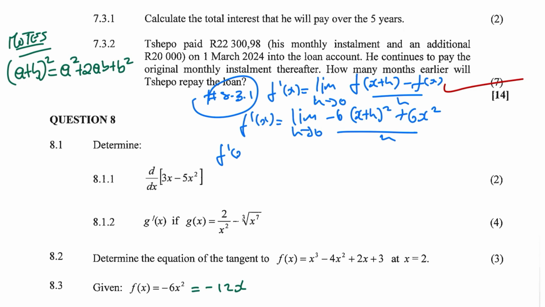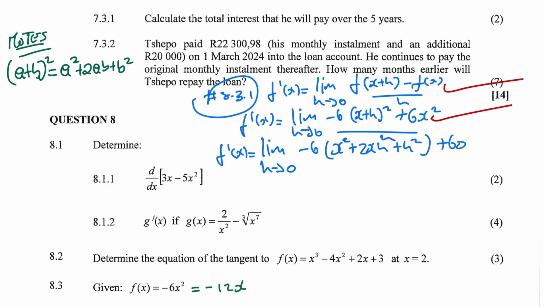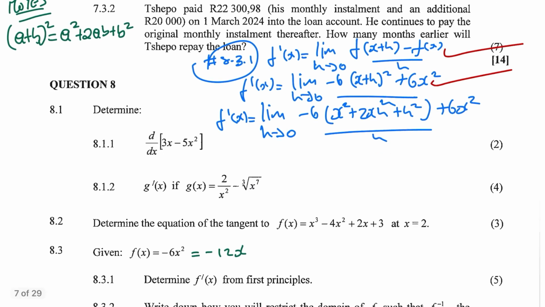Coming with it. So the derivative of this. By the way, again, you're getting a mark for this. This is 2 marks already. So this is going to be negative 6 times (x squared plus 2xh plus h squared), plus 6x squared, over h.